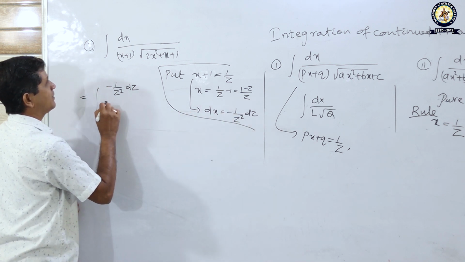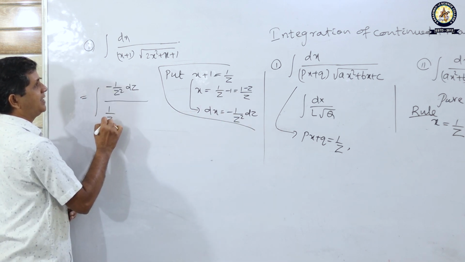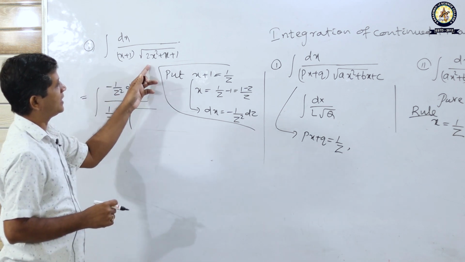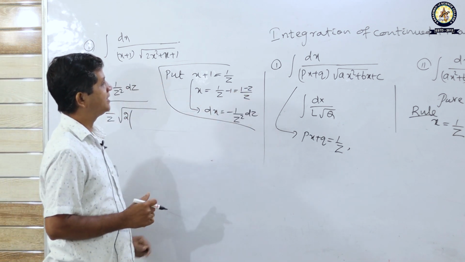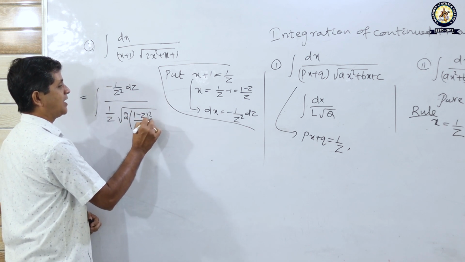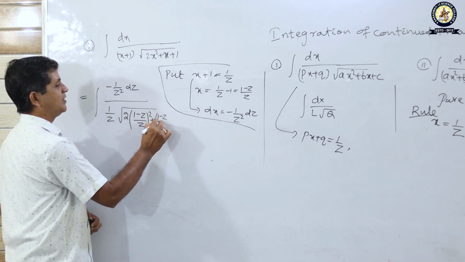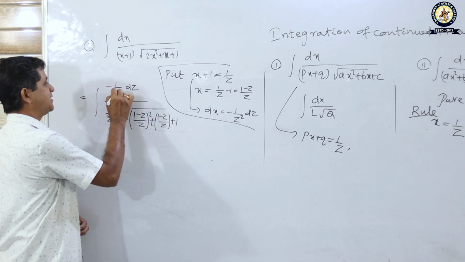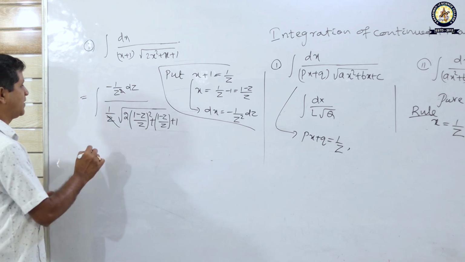And for x plus 1 we write 1 by z, and root over of 2 into x square, meaning ((1 minus z) by z) whole square, plus (1 minus z) by z plus 1. Here you cancel the z term from the numerator.